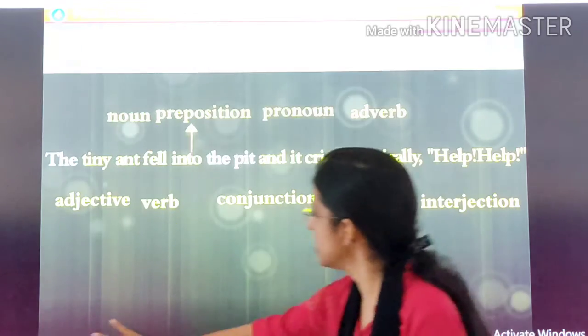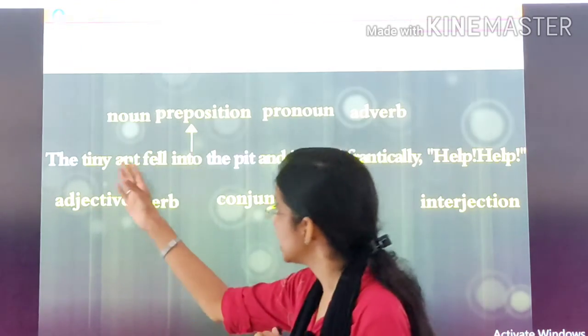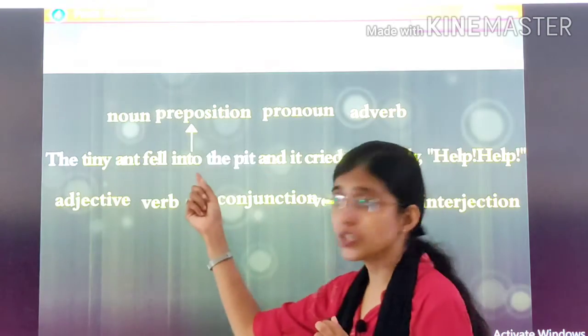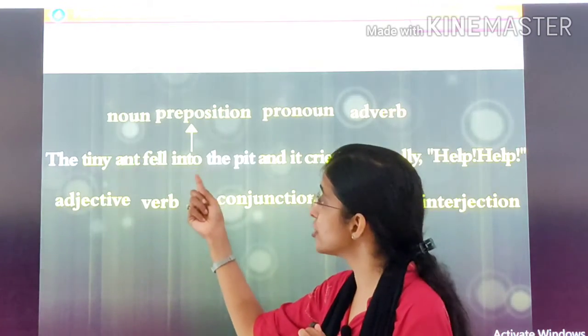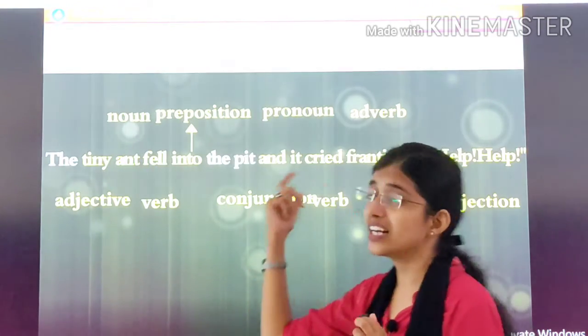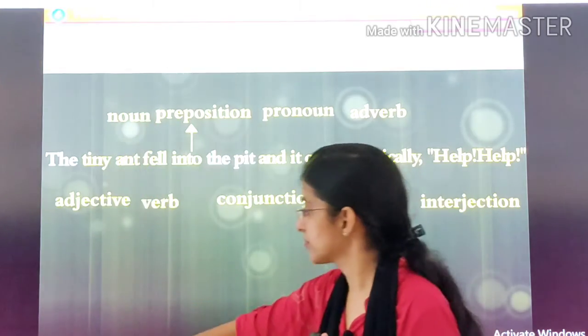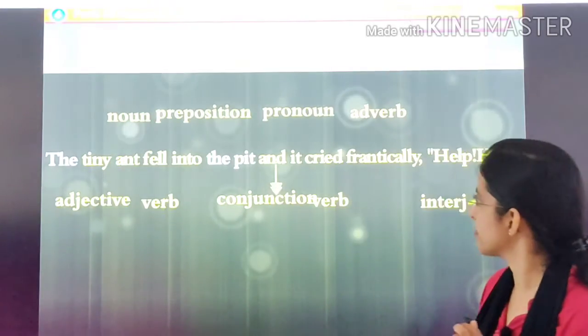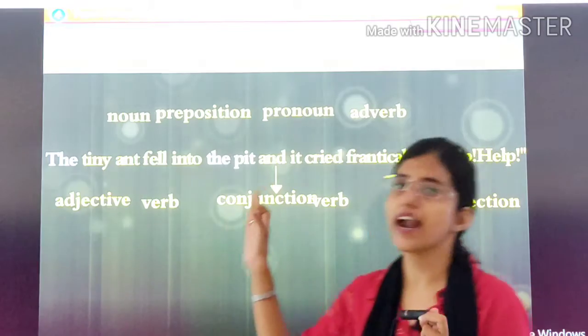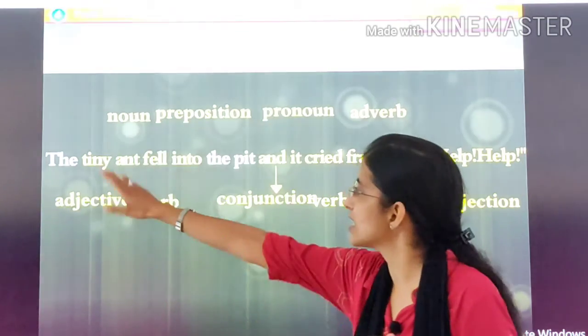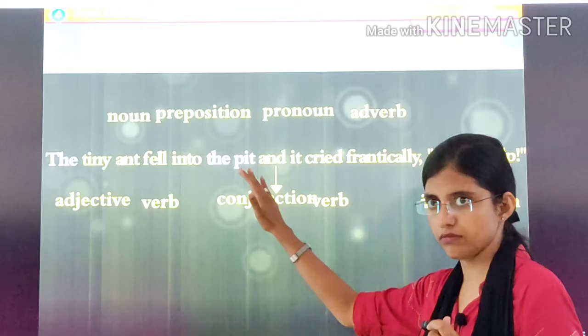We have done this. Then preposition. The tiny ant fell into the pit. Into is describing the relationship between the ant and the pit. So, into is our preposition. It describes relationship. And is joining two sentences. The tiny ant fell into the pit.